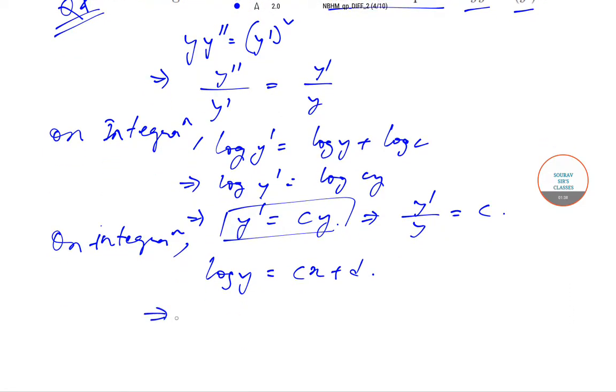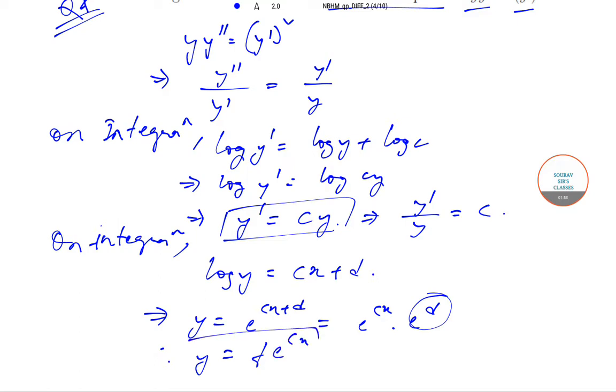So therefore we can write that y is equal to e to the power cx plus d, which will be equal to e to the power cx into e to the power d. Now this e to the power d is basically some constant which can be written as f, so y is equal to f e to the power cx, which is basically the general solution of the given differential equation.